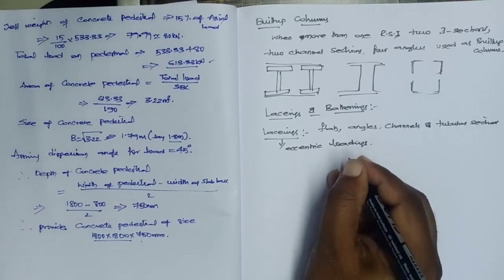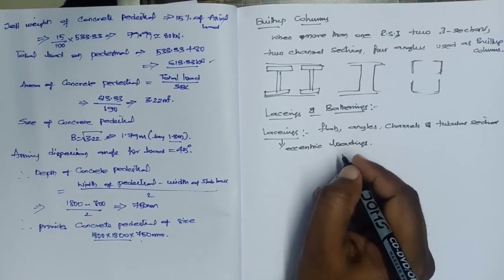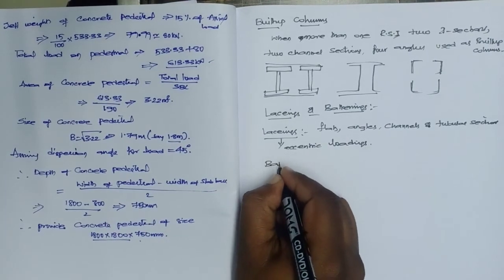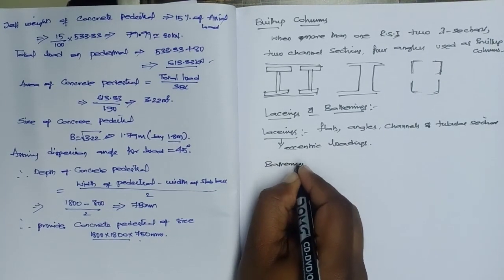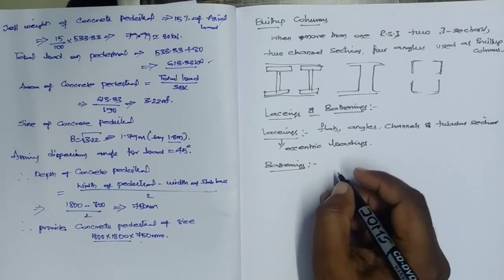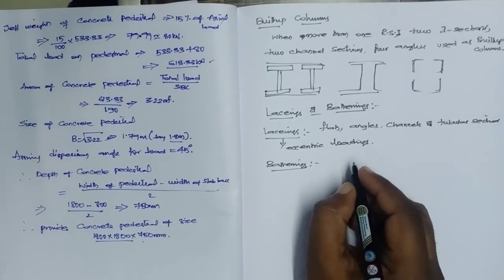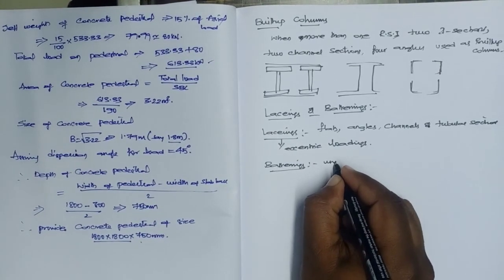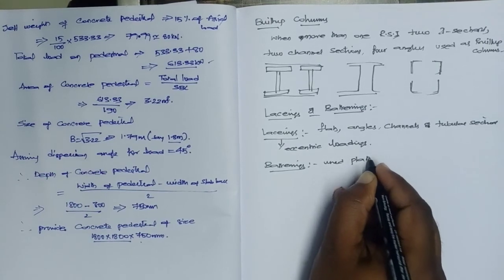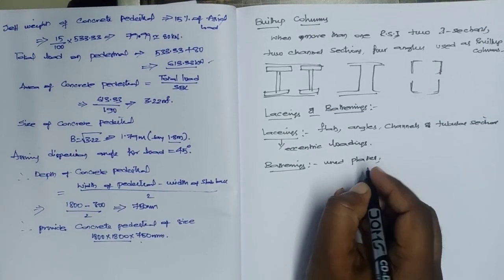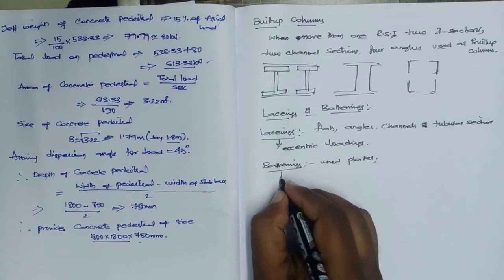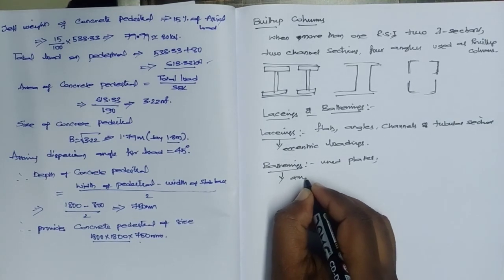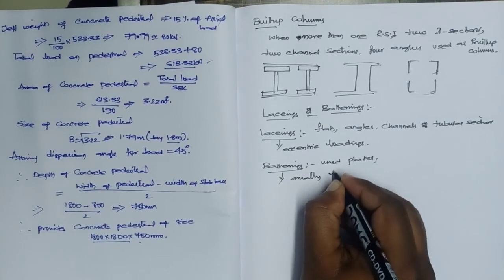Whereas battenings are nothing but used with plates only. This is normally used for axially loaded columns.